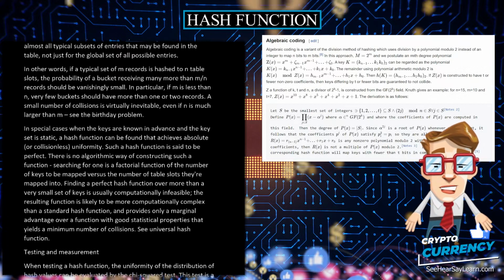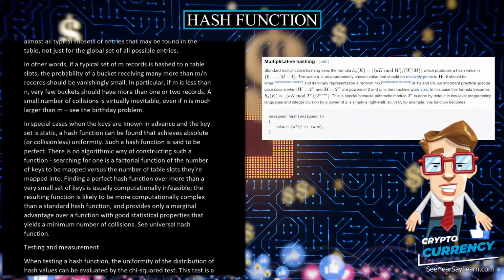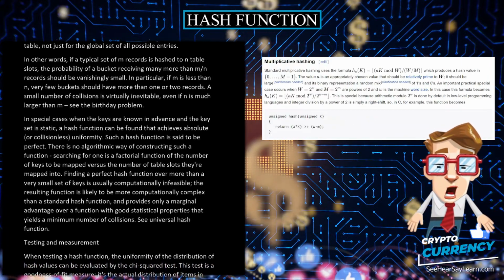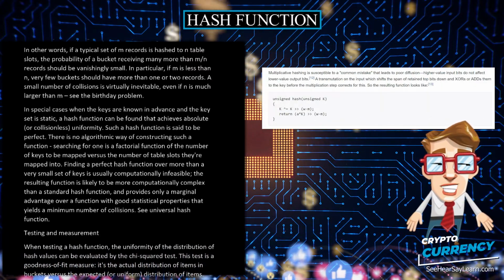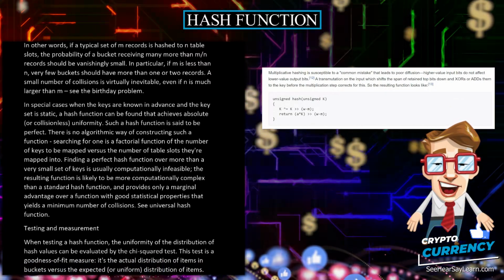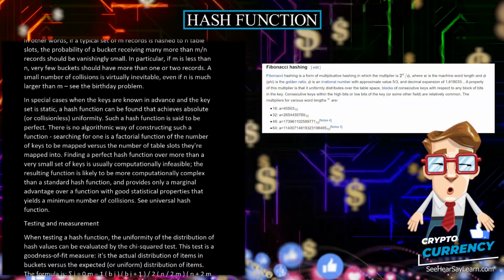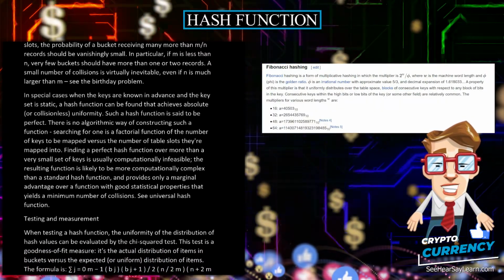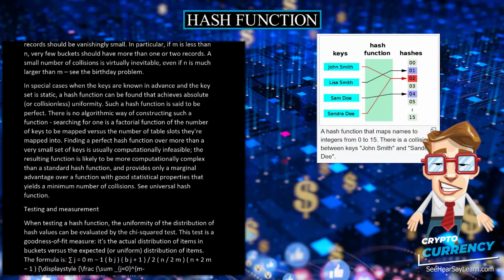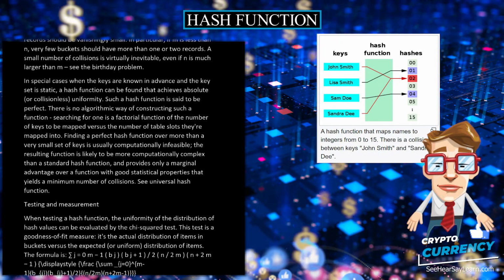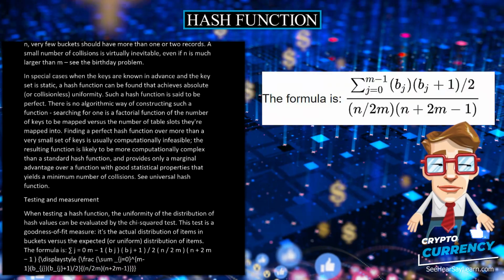Finding a perfect hash function over more than a very small set of keys is usually computationally infeasible. The resulting function is likely to be more computationally complex than a standard hash function, and provides only a marginal advantage over a function with good statistical properties that yields a minimum number of collisions. See universal hash function.